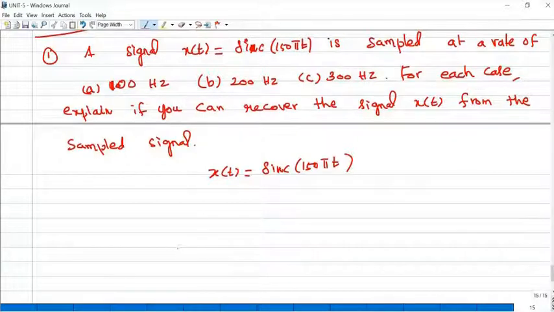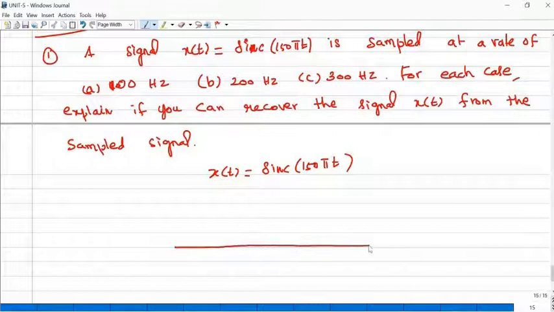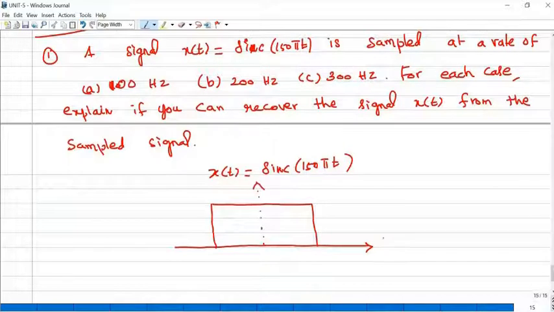If we draw the spectrum for this particular signal, the CTFT of a sinc pulse will give a rectangular pulse. Please remember, the CTFT of a sinc pulse is a rectangular pulse. Omega versus X of j omega.